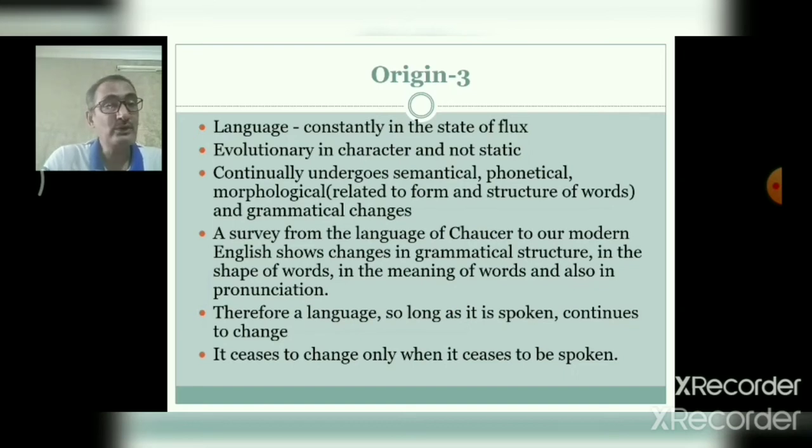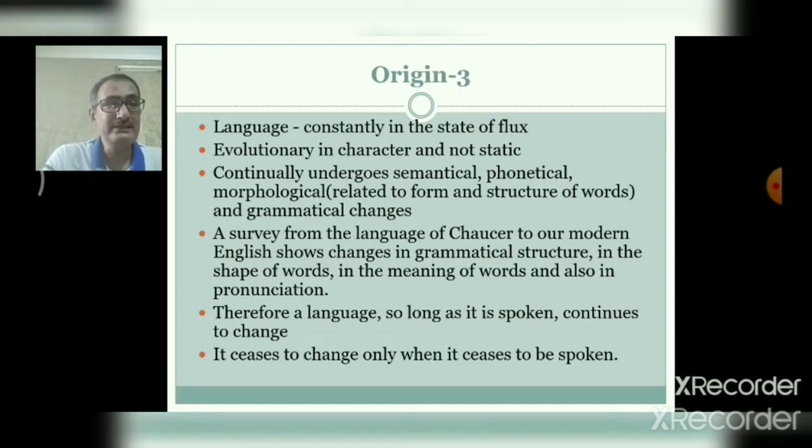I am talking about one word, but this has happened with words or maybe phrases and many other things. So this is what happens in a language with the passage of time. Some words, some phrases, some usages, they change or they add to their meaning.